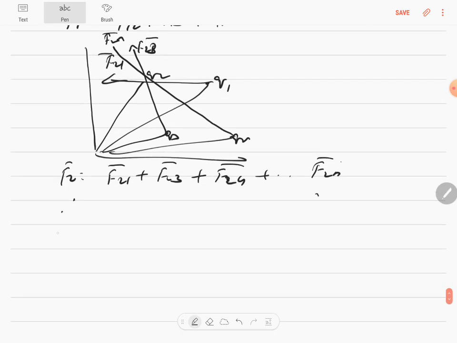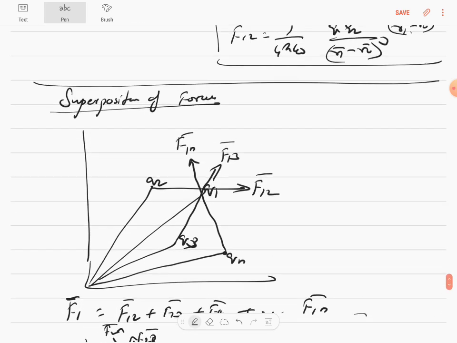So then the total force F, which is the force exerted on all particles. The principle of superposition states that when a number of charges are interacting, the total force on a given charge is the vector sum of the forces exerted on it due to all other charges.